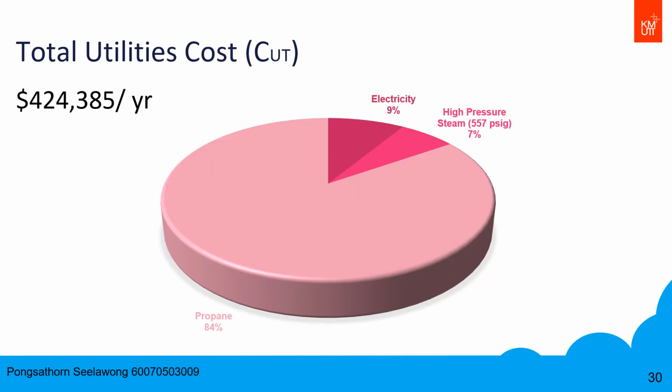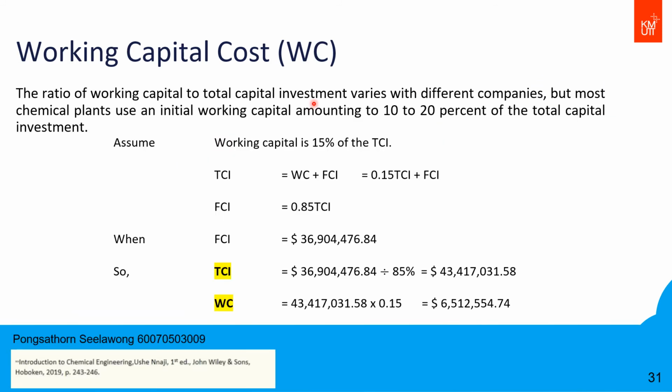This slide shows the proportion of the total utility cost, which is $424,385 per year: propane 84%, high pressure steam 7%, and electricity 9%. Working capital cost.